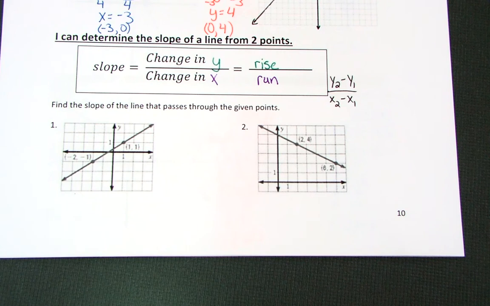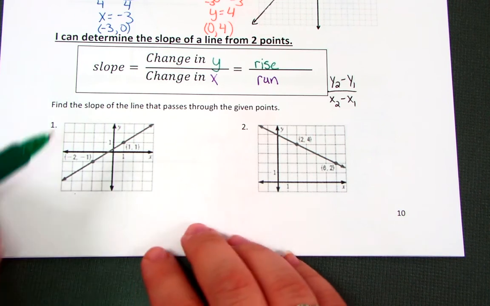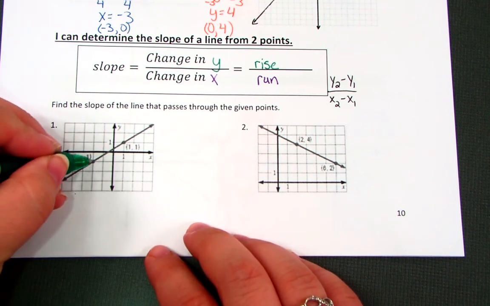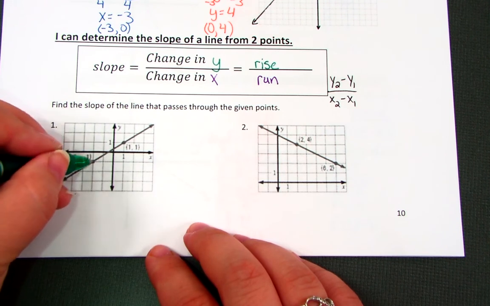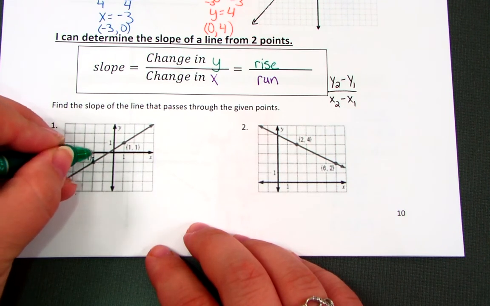So in this graph, yes, I know it gave you points and you can find it with calculating slope from those points, but if they give you a graph, the easiest thing to do is to actually count your slope. So we're going to count from the left point, how many do I need to go up to be even with the right-hand point? And I go up 2.